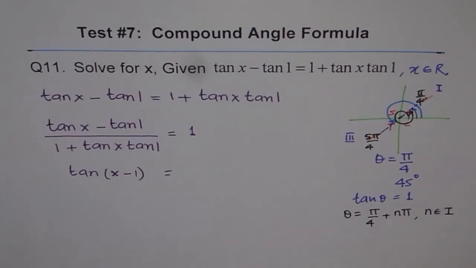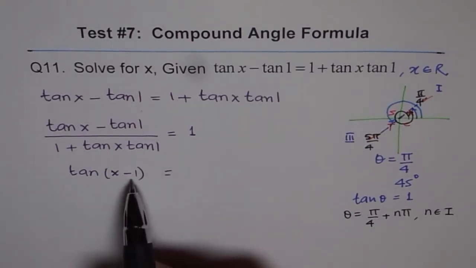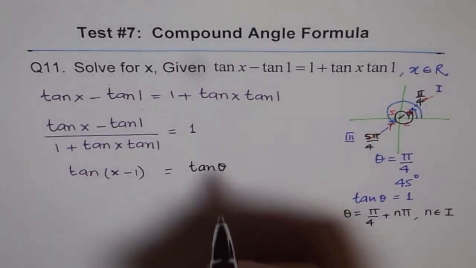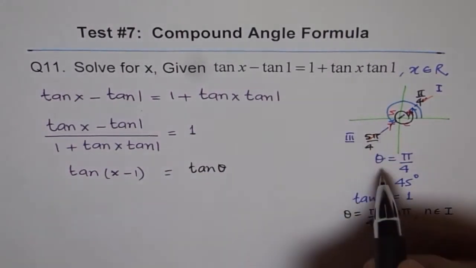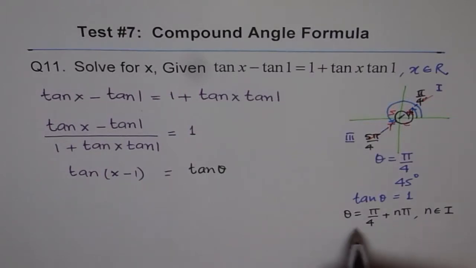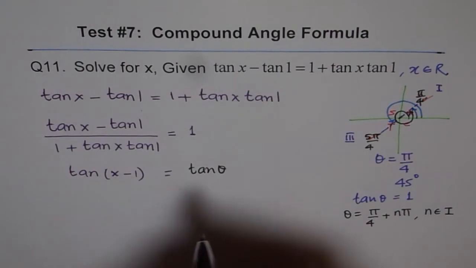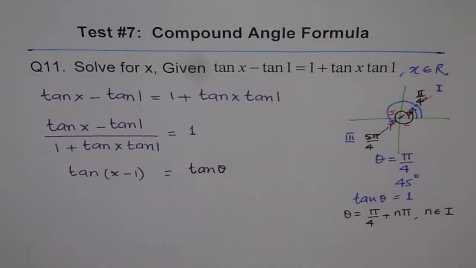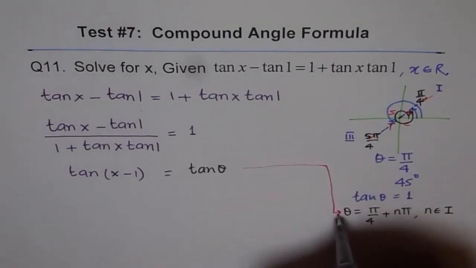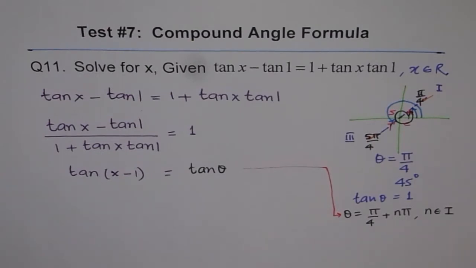So when we say tan of x minus 1 equals 1, the theta which gives us 1 is pi by 4 or pi by 4 plus n pi. That is the theta value we are trying to connect. We are trying to see which tan theta is actually 1, and we know the general answer is this. That is our general answer, right?